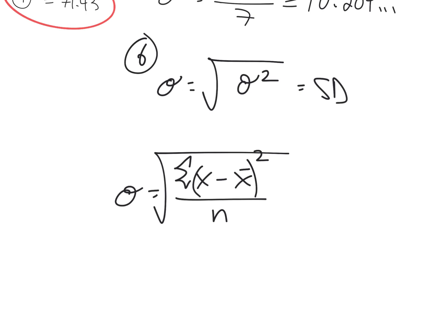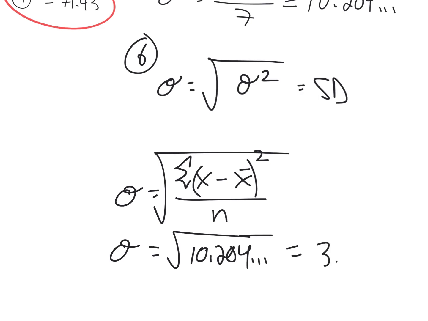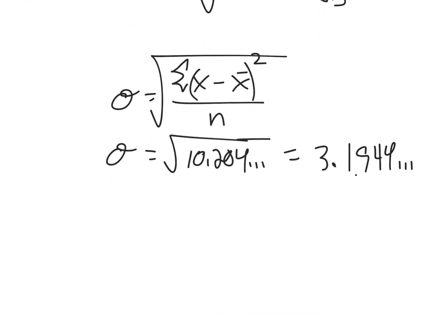Okay, so in this case, it's going to be the square root of 10.204, and I still have it on my calculator screen, which becomes 3.1944... It continues, and if we round it off to the first decimal place, we could say that the standard deviation is approximately 3.2.